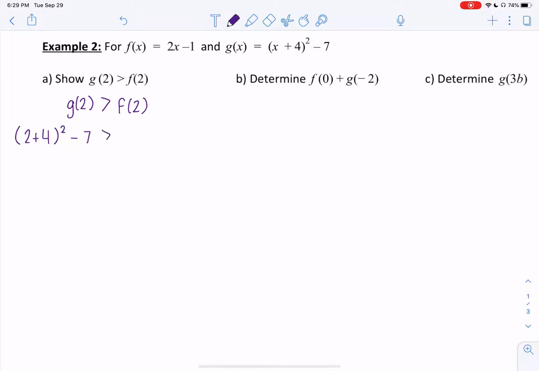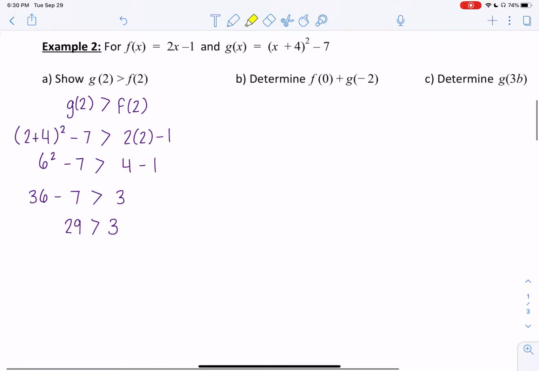And we're trying to show that that is greater than 2 times 2 minus 1. So this will give us 6 squared minus 7 and 4 minus 1. So we have 36 minus 7, and we're seeing if that's greater than 3, and we get 29. Oops, 29 is greater than 3. So we've shown that g at 2 is definitely greater than f at 2.